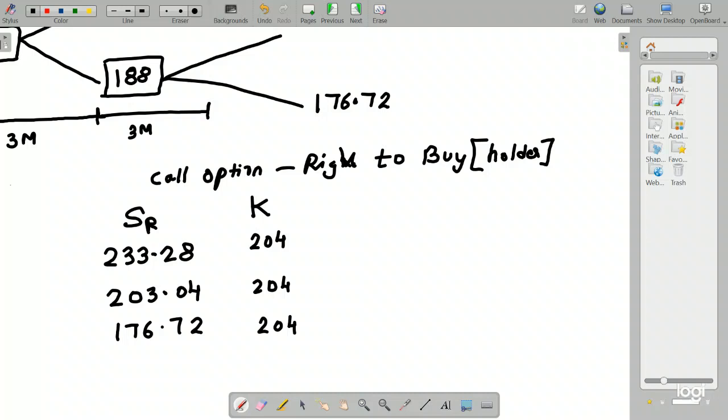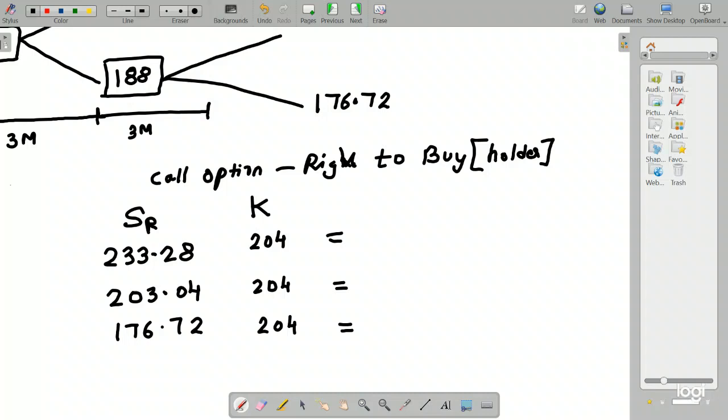And you wanted to buy, right? So when will you buy? Think about this situation. When you check in the market, the spot rate was 233. And if you're buying through a contract, think about it on this line. Suppose you're supposed to buy something, the spot rate is 233, and there is a lock-in price through a contract which is 204. And you have the option to exercise this contract only when it is in your favor.